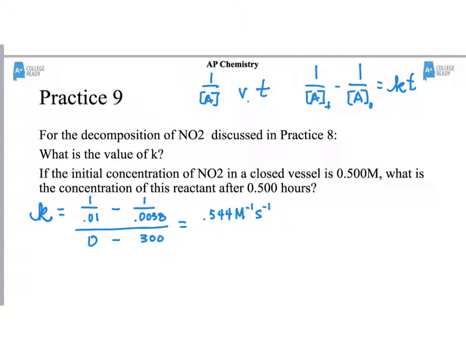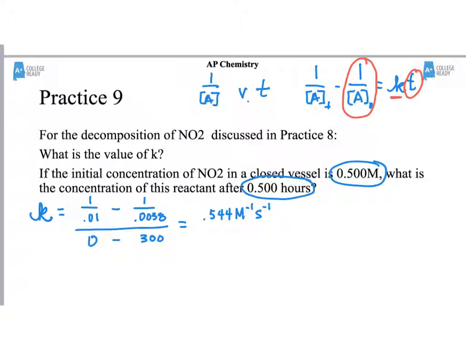So if the initial concentration is 0.5 molar, the question is, what will the concentration be after a half an hour? So what are the two things that they're telling us? They're telling us that we know the initial concentration, so we can plug that in here. We know the time, we can plug that in here. And we just calculated little k.